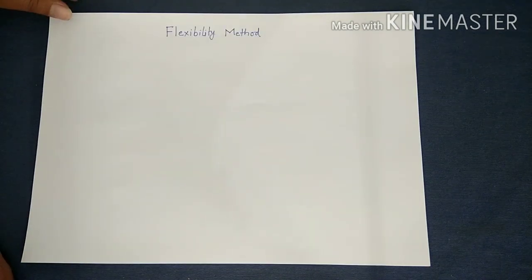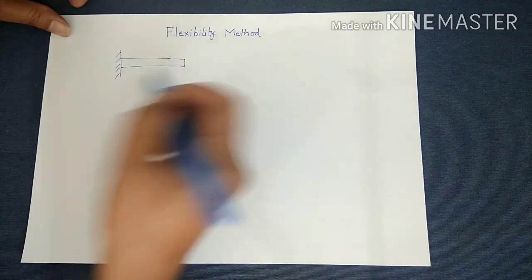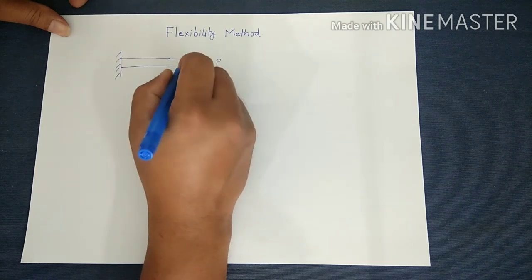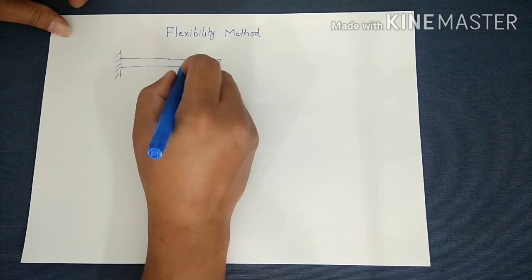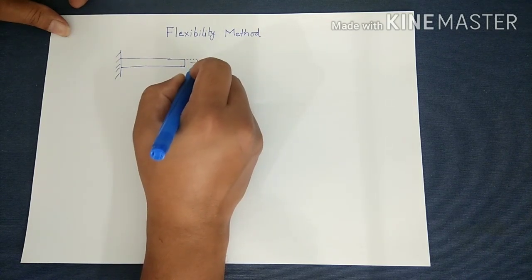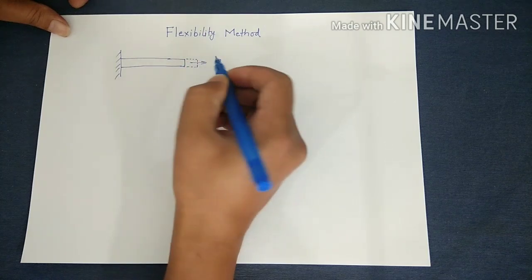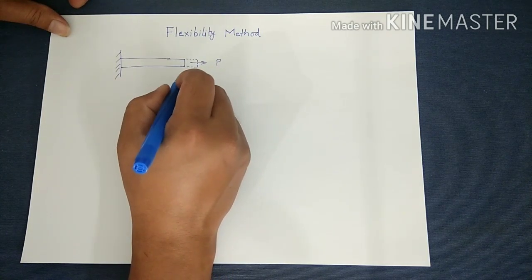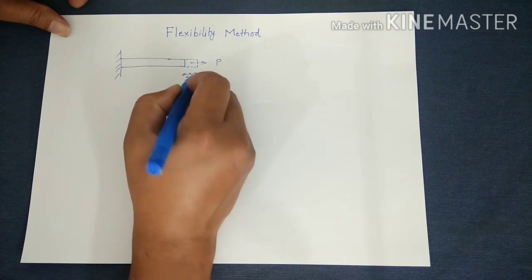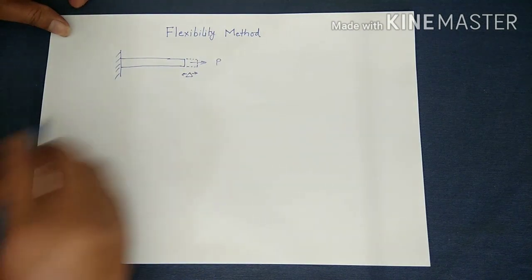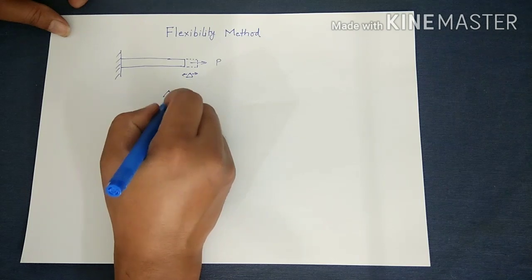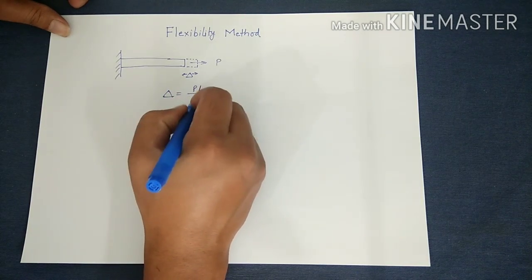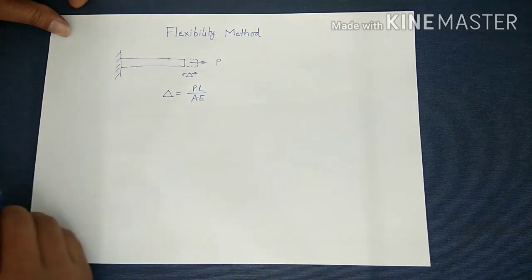Now let's understand flexibility method. Consider a simple bar subjected to a pull. Due to this pull, this bar will elongate and we will denote the elongation as delta. So we know delta is equal to PL upon AE.